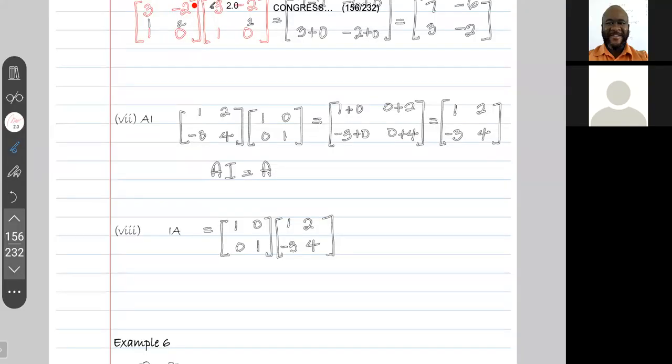When we're multiplying two matrices, we multiply the rows of the first matrix by the columns in the second matrix. We multiply the first element by the first element, second element by the second element. So 1 times 1 is 1. 0 times -3 is still 0.